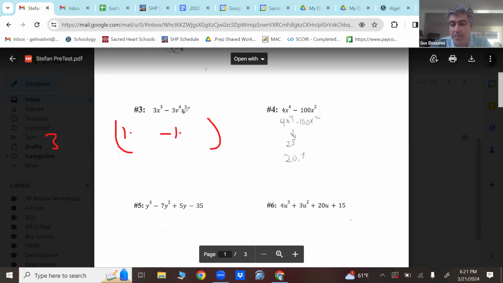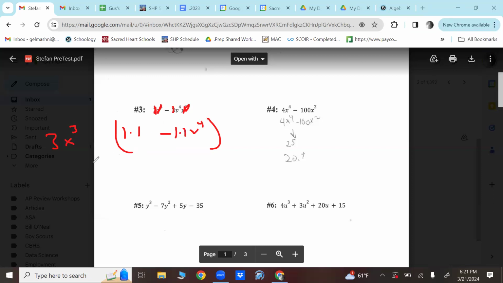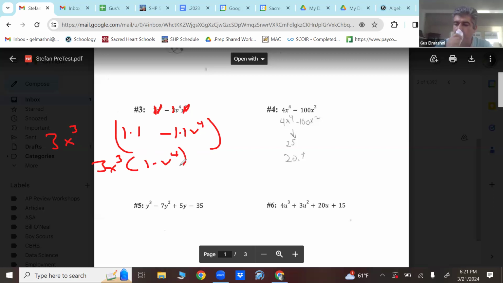They're both identical, so you take it out and they're gone. I'll put 1 times 1. And then you have a V4 for the second one. And that's that. There you go.